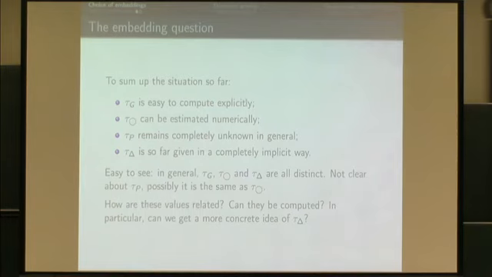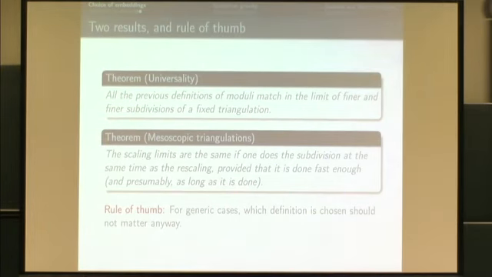Okay, so that was what I was planning to say about embeddings of periodic lattices. Just, there has to be at least one theorem somewhere, so this is a slide with two theorems and one kind of heuristic about what follows.